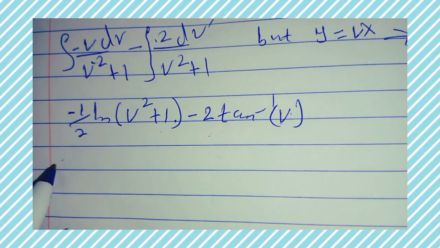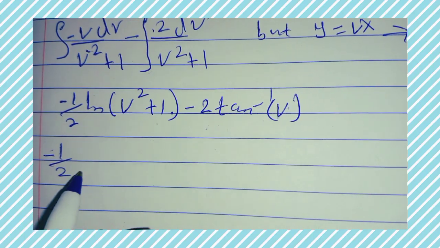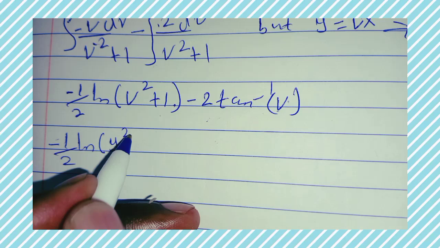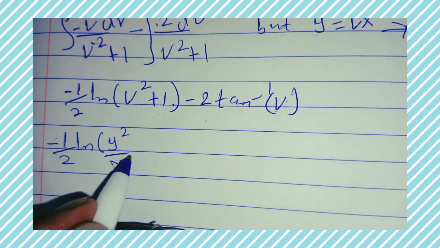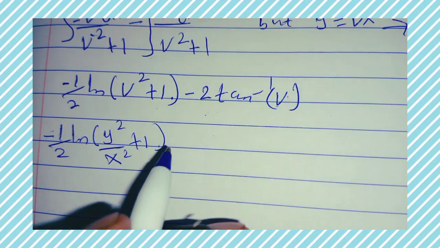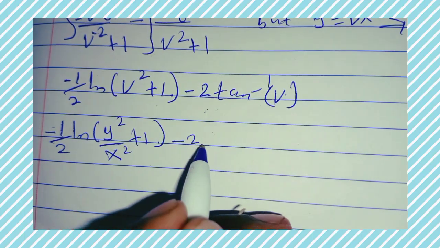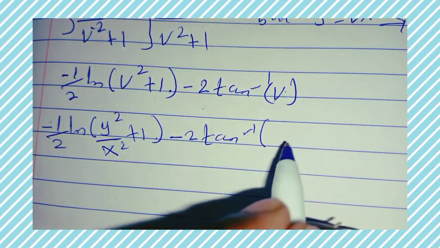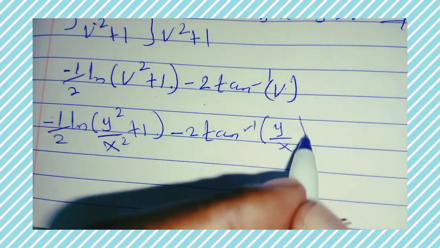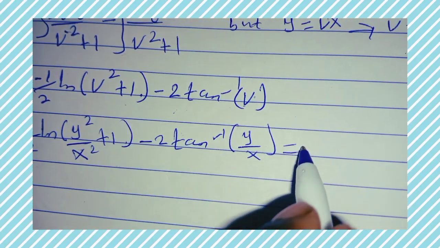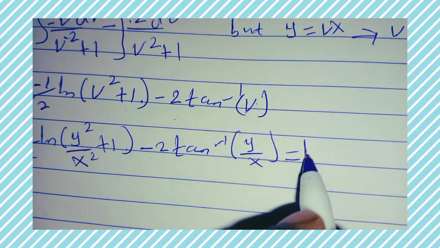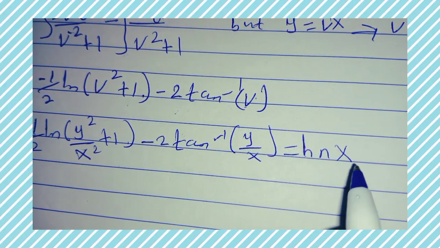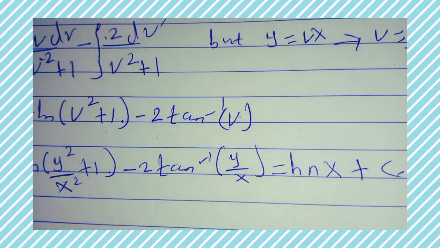So this will be negative half natural logarithm of (y²/x² + 1) minus 2 tan inverse of (y over x), and this is equal to the natural logarithm of x plus constant c.